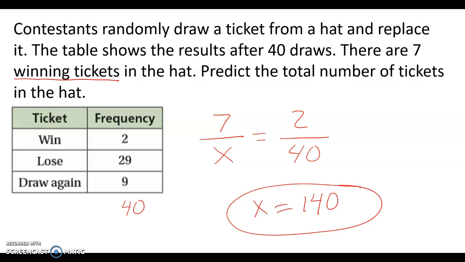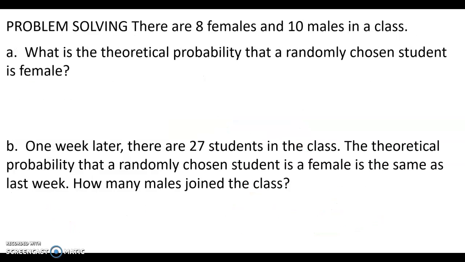Okay? And let's look at the last page. There are 8 females and 10 males in a class. What is the theoretical probability that you randomly choose a student that is female?